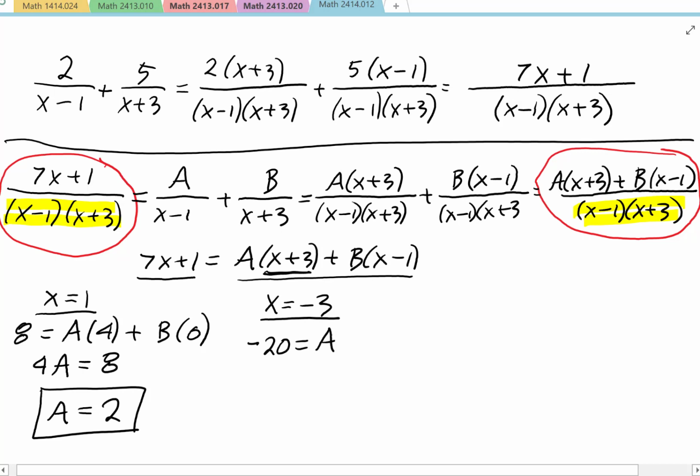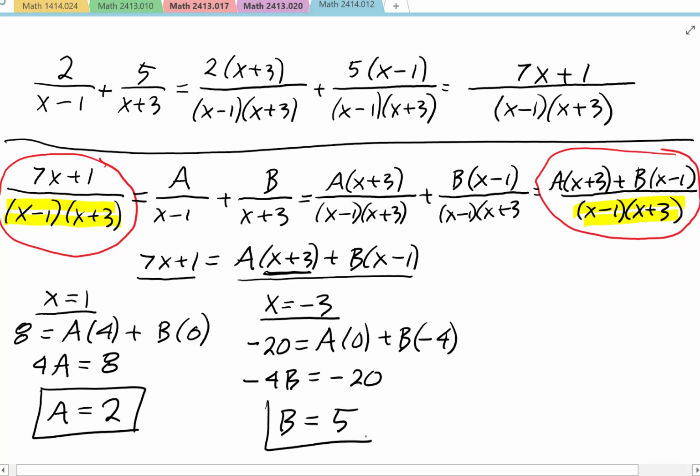And then a times negative 3 plus 3 is 0, plus b times negative 3 minus 1 is negative 4. So we get negative 4b equals negative 20. We divide by negative 4 and we get b equals 5.